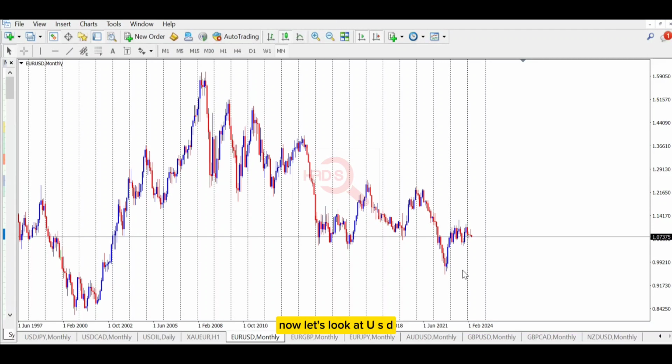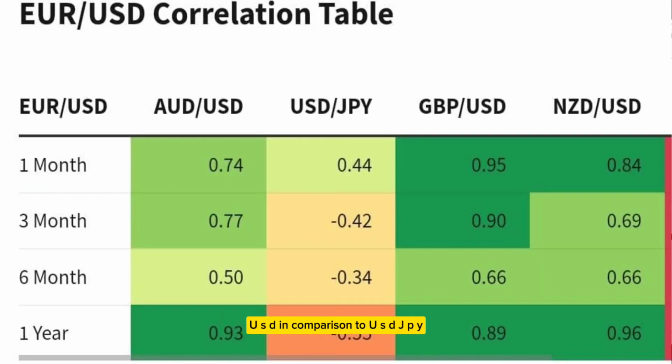Now, let's look at Euro USD in comparison to USD JPY. We will see that we have a relationship of minus 0.55. This correlation coefficient shows that Euro USD and USD JPY have a negative correlation.